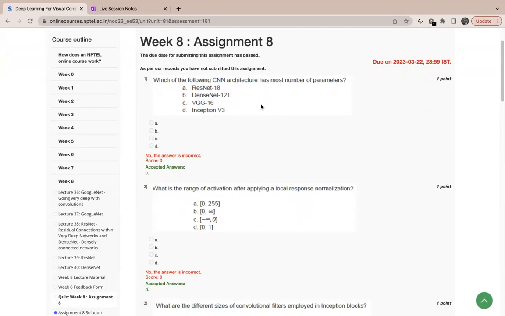That's why the number of parameters in each layer is more. So yes, VGG16. It is a factual question, you can just check.